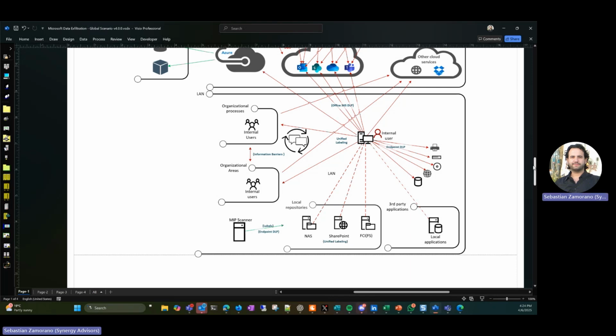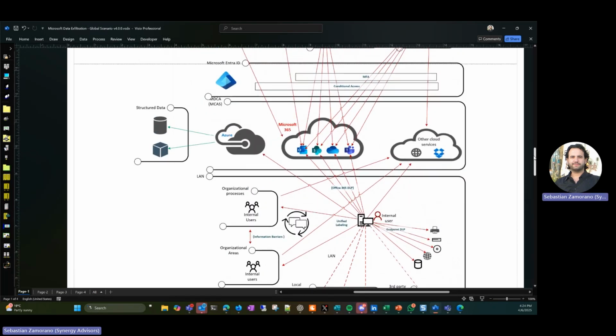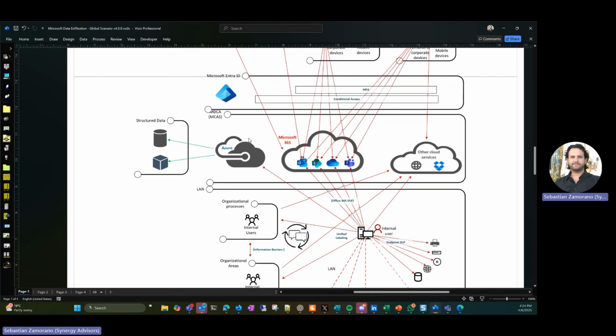When you view the license for E5 compliance, you will see that MDCA is part of that. Through session control policy, we can do a lot of activities related to mitigating, controlling, and blocking some activities related to cloud services.